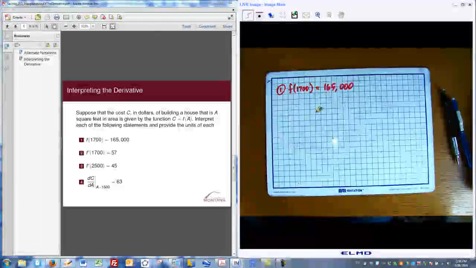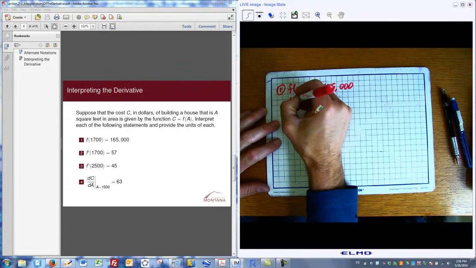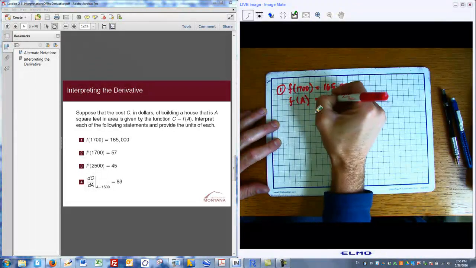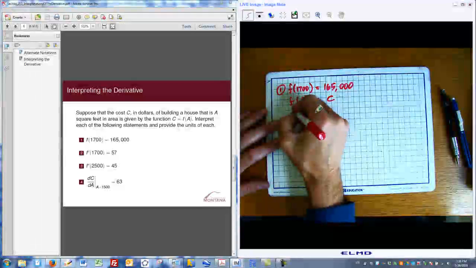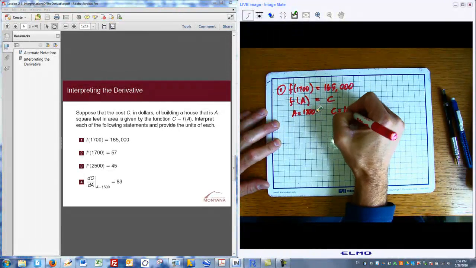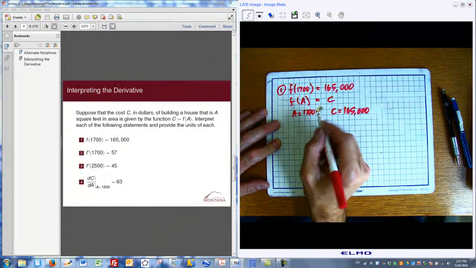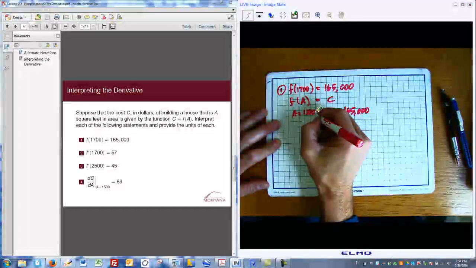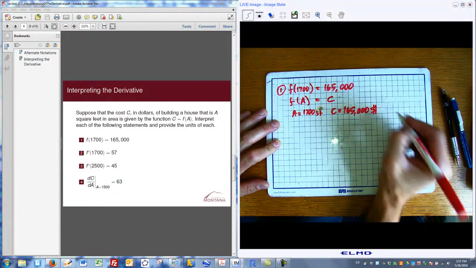Sorry, I just gave it away. So let's see, f of a is equal to c is the template we should be using. So that means a here is equal to 1,700, c is equal to 165,000, and what we know is that a is an area, so that's in square feet, and c is a cost, so that's in dollars.